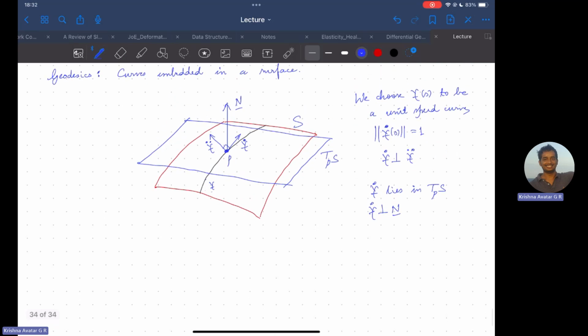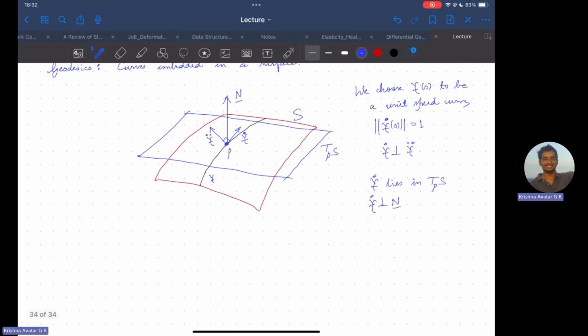So which means that we can construct a third vector, to form a triad of orthonormal vectors, right?